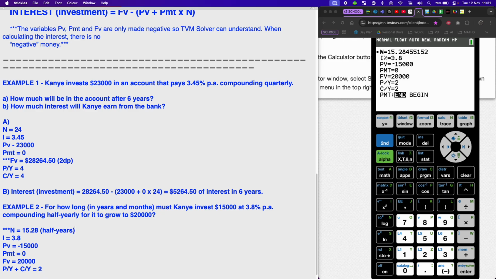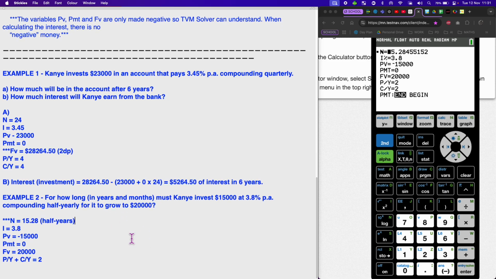Which is not exactly the answer that I want to get, because the question asks for how long in years and months. Right now, you'll get part marks for this. I've got 15.28 half years. I want my answer to be in years and months. What could I do with this number to work out how many years it would be?